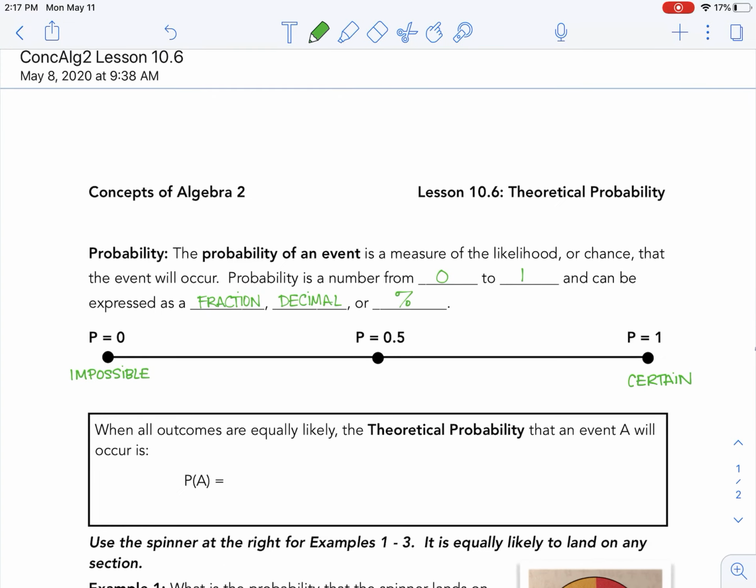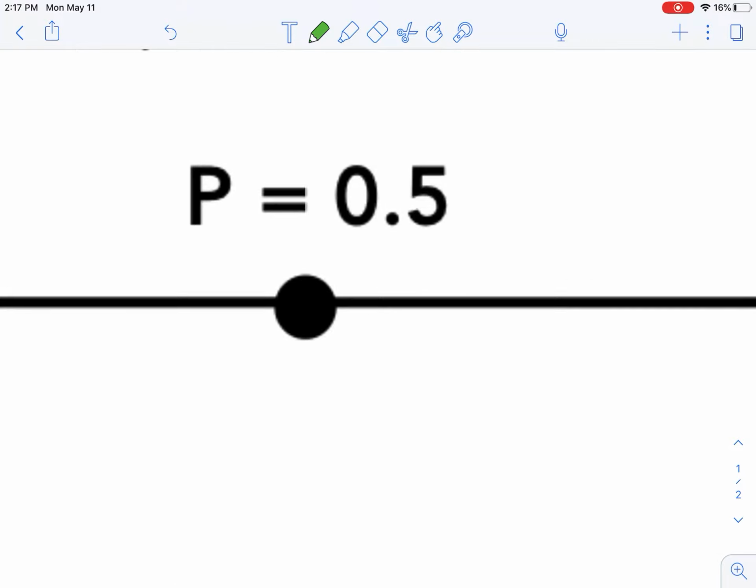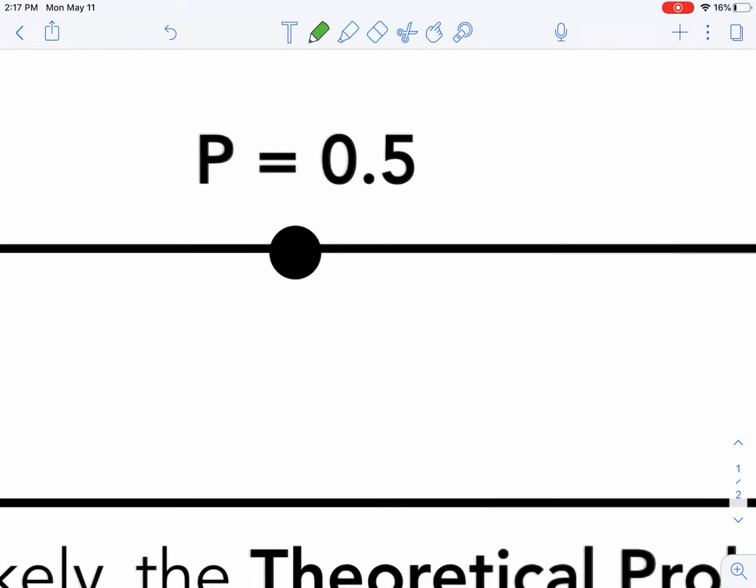So if I want the probability that I put everyone's name in a hat and I draw out someone who's less than the age of 100, that's everyone. Everything else kind of falls in between. If something is at a 50%, the words we like to use are equally likely.